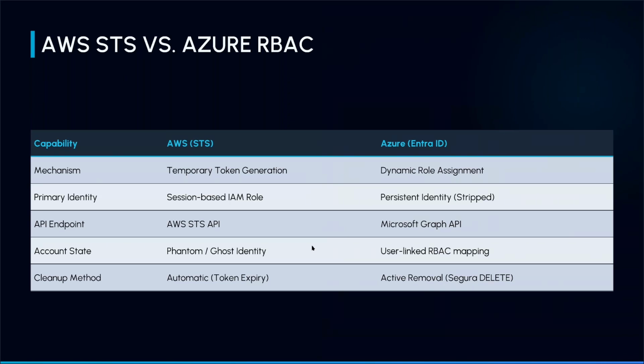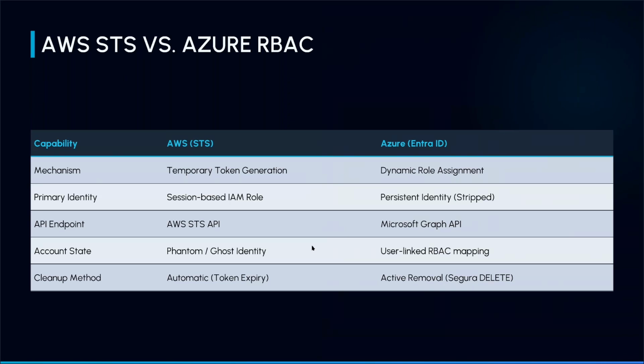The primary identity is the session-based IAM roles for AWS, and Azure is actually a persistent identity, but a no-permission stripped identity, so we can ensure that even if it has been taken over, the role will be minimized. Okay, there will be an API endpoint to do this.